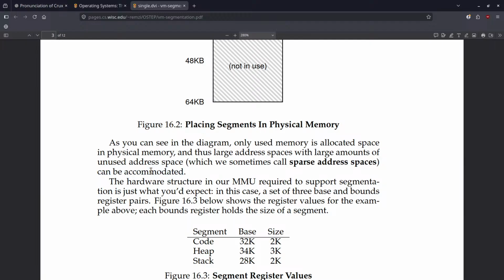The hardware structure in our MMU required to support segmentation is just what you'd expect in this case: a set of three base and bounds register pairs. Below shows the register values for the example.